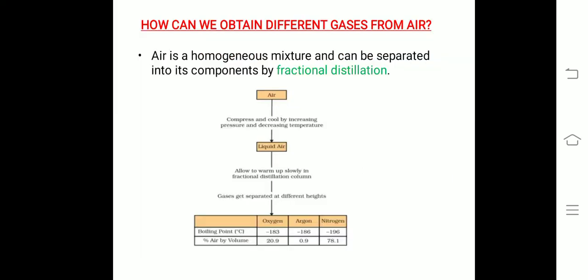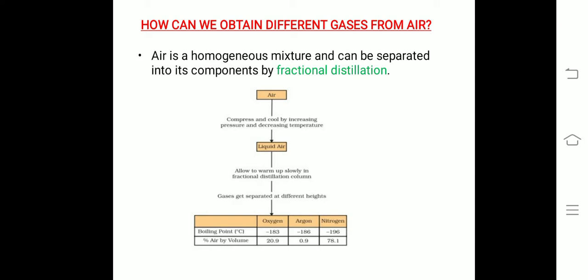How can we obtain different gases from air? We know that air is a homogeneous mixture and can be separated into its components by fractional distillation. The flow diagram shows the steps of the process. Air is compressed and cooled by increasing the pressure and decreasing temperature.